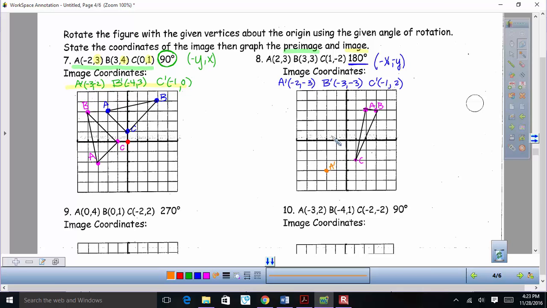B prime is -3, -3. And C prime is -1, 2. We're going to connect those.